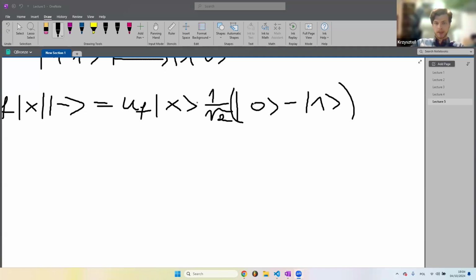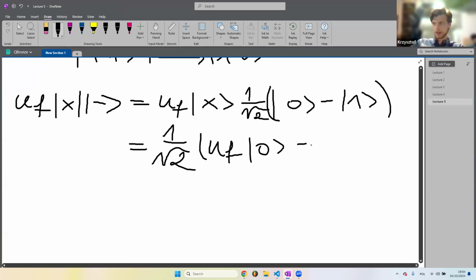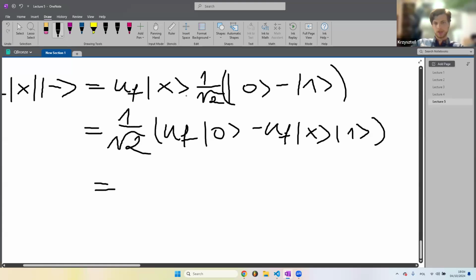And then we will get 1 over square root of 2 UF, then 0 minus UF x and 1. So here I am just rewriting these expressions in front of the bracket.